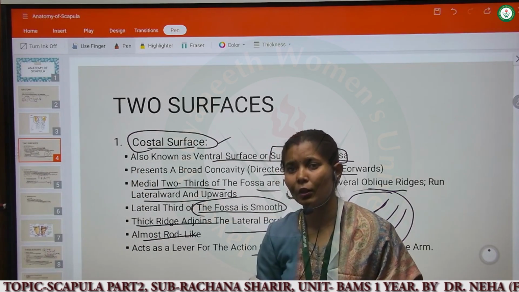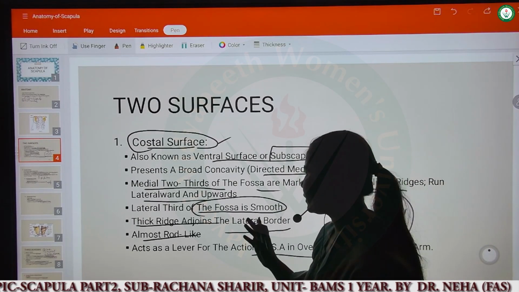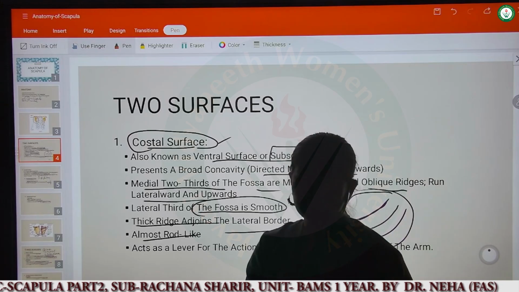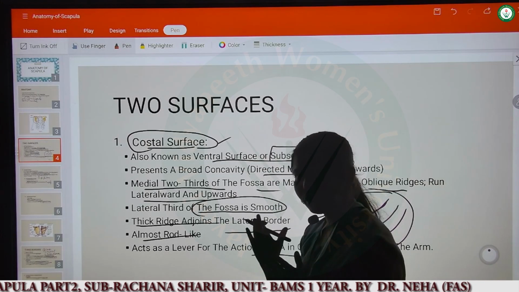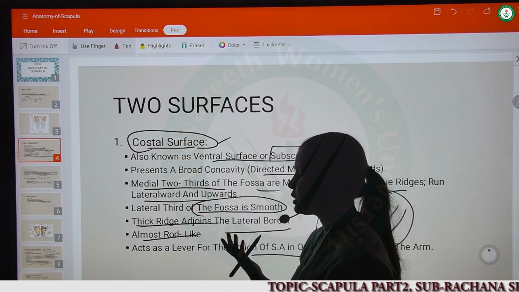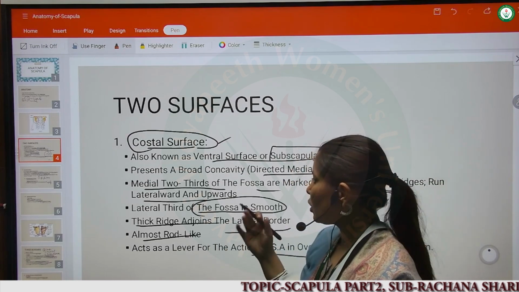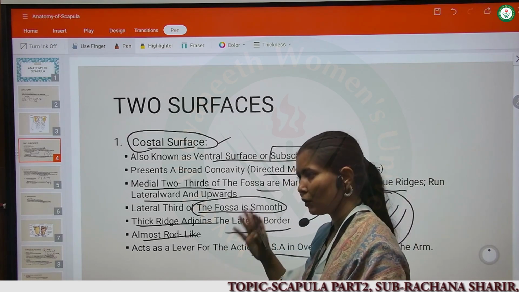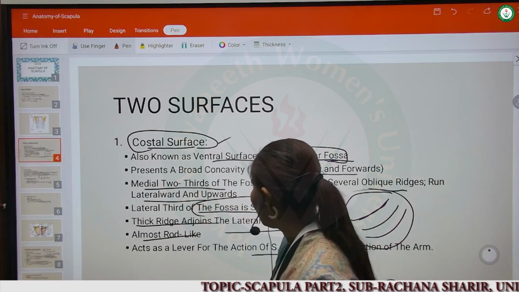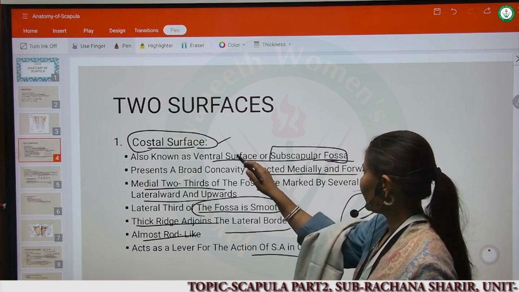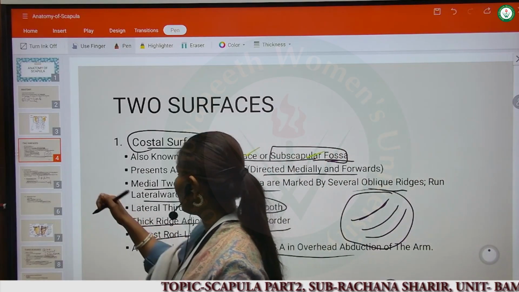Costal surface is what? Costal surface is situated towards the rib side. Costal surface is somewhat concave in shape and dorsal surface is convex in shape, and dorsal surface is situated on the posterior side of the body. Costal surface is also known as ventral surface or subscapular fossa.